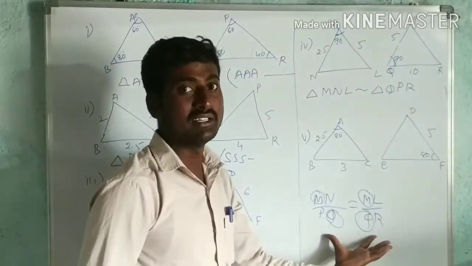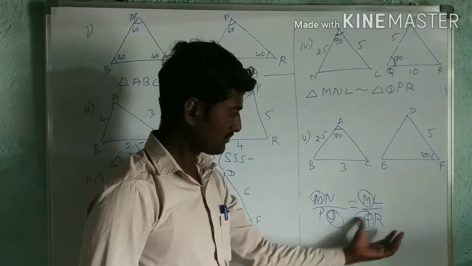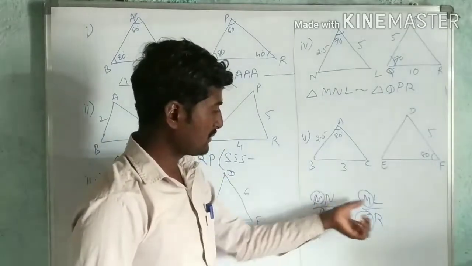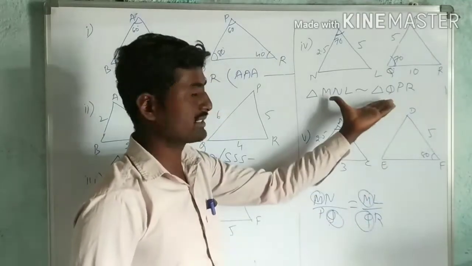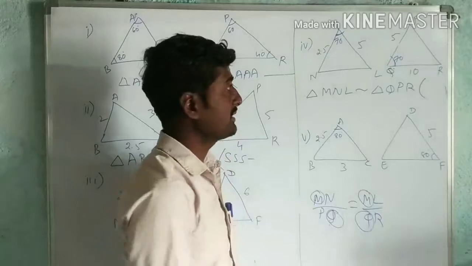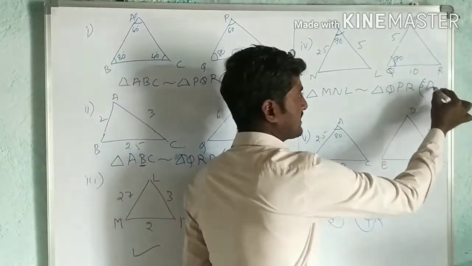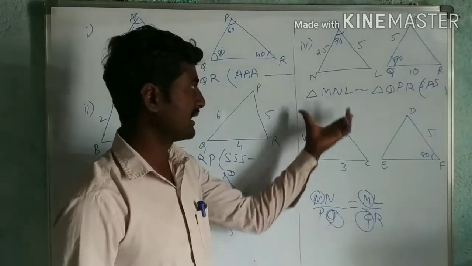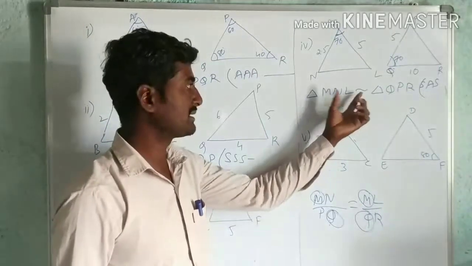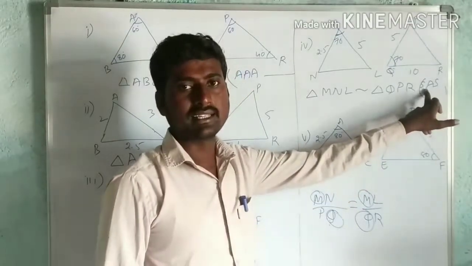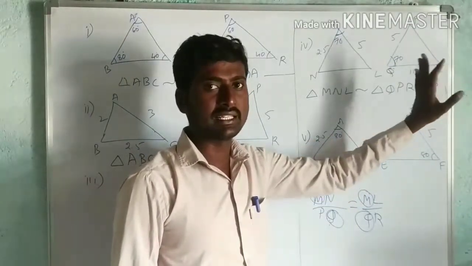Which ratios are in the same ratio, meaning the sides. Then by observing this ratio, you can write it. Because again you have to give the reason. Which reason is it? SAS similarity criterion. Okay, you must write here. So triangle MNL is similar to triangle QPR. In bracket you write SAS similarity criterion.